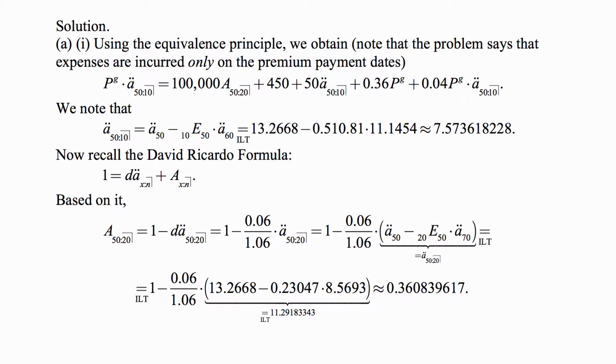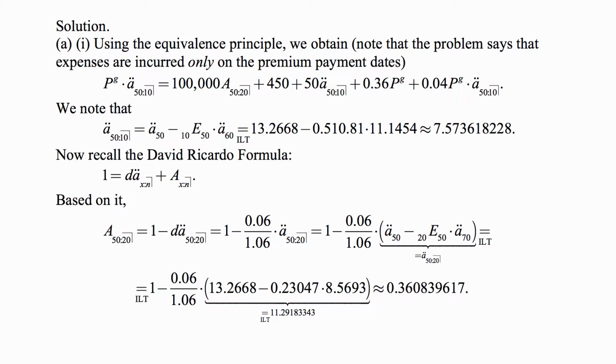7.5736182228. Then we recall the David Ricardo formula that says that if you borrow $1, you can pay interest on it as long as you live and pay it off with the death benefit of 1. And based on it, A:50:20 is 1 minus d times ä:50:20. d is i over 1 plus i, so in this case it's 0.06 over 1.06, and we write the ä:50:20 as ä50 minus 20E50 times ä70.